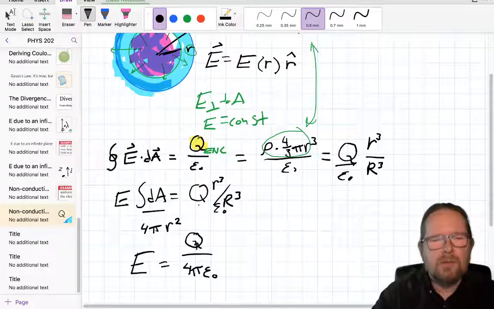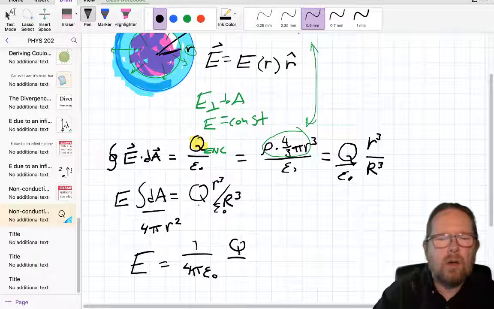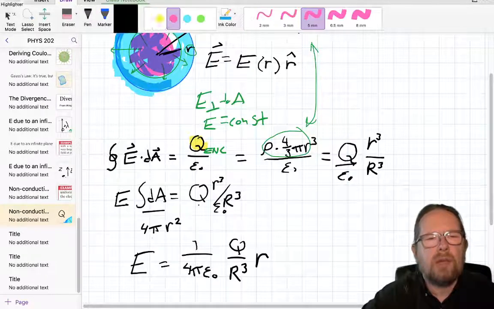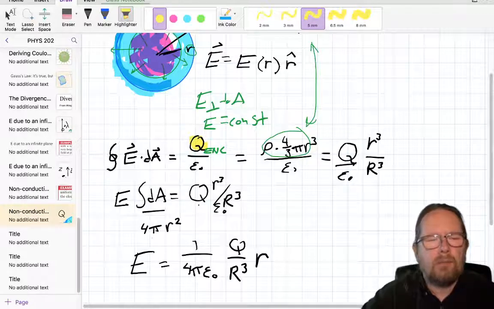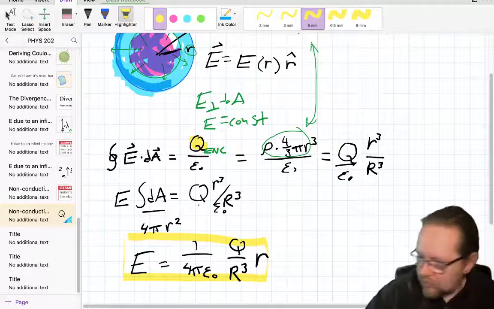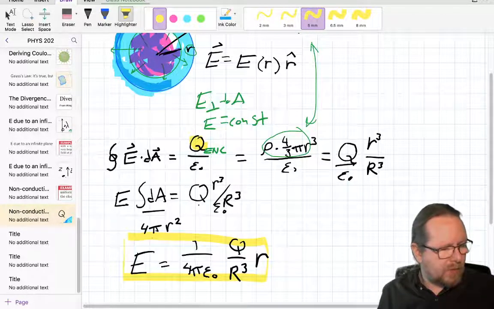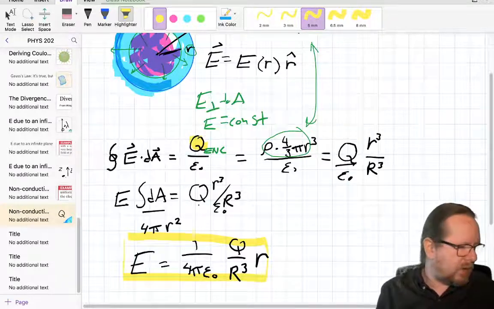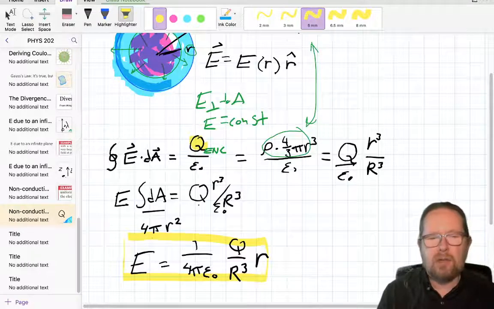Actually, let's write it like this: Q over R cubed times r. So if you check my algebra there, I got my 1 over 4 pi epsilon naught, my total charge, the radius of the sphere, and r, which is the radius of the Gaussian surface, where I am inside the sphere, where I put my little imaginary surface.